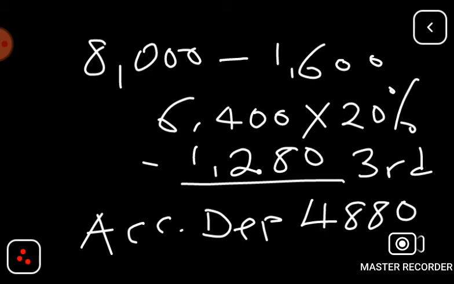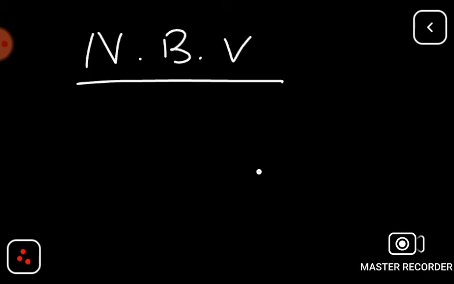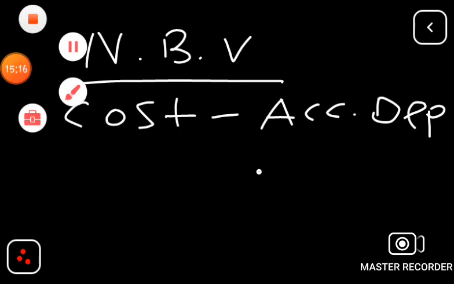Now they'll ask you another question. What was the net book value of this asset after 3 years? So now you discover that your cost will be subtracted by accumulated depreciation. Your cost minus accumulated depreciation will give you your net book value.